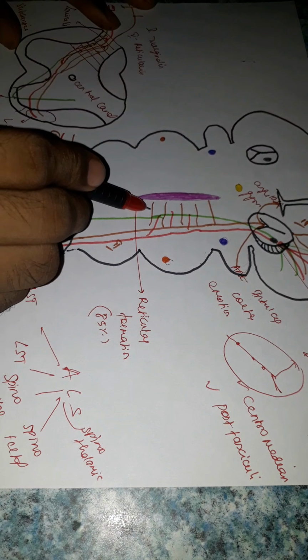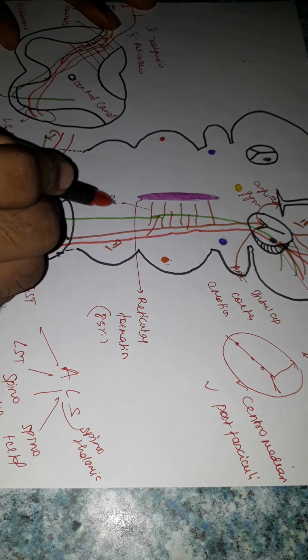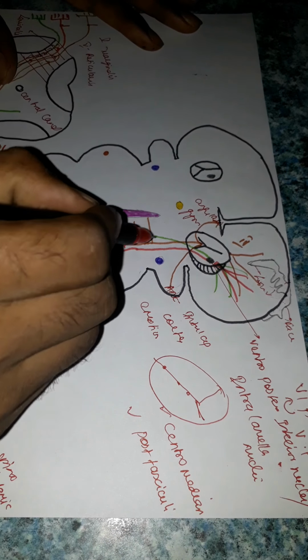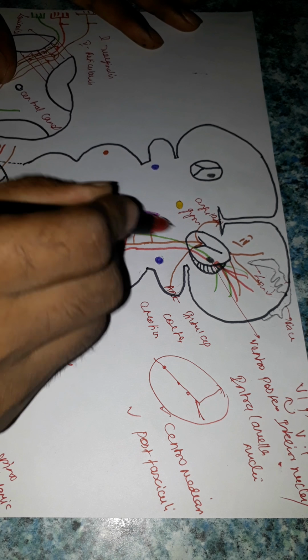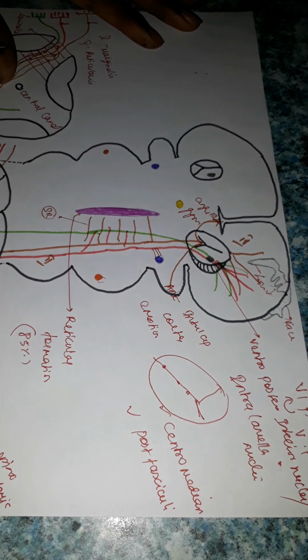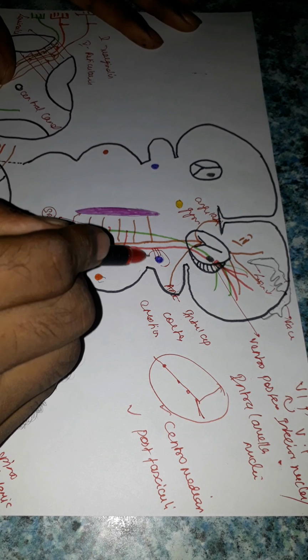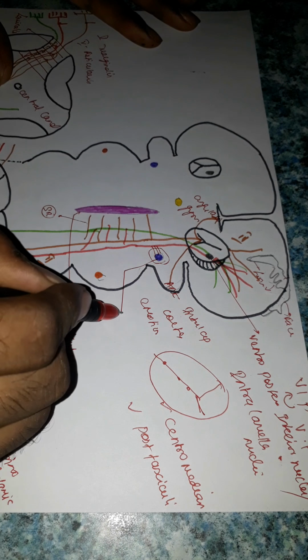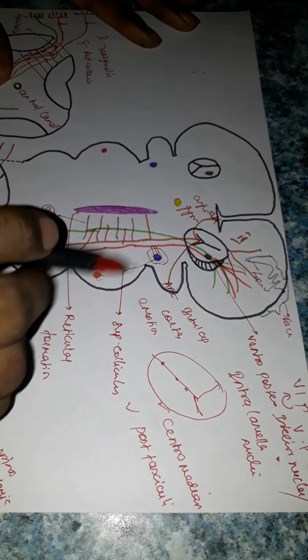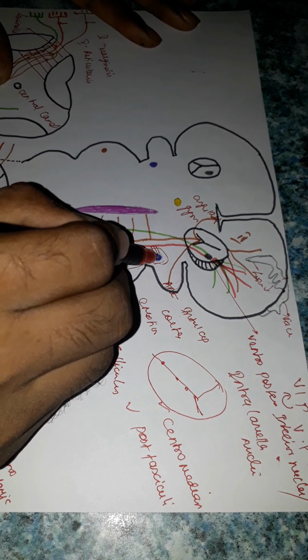So this is your spino-reticular. And if you look at the spinotectal, this is your spinotectal area. So the fibers of your anterolateral system give your spinotectal fibers, which reach, what is this area? This is your superior colliculus. So this reaches the superior colliculus, and here the fibers are transported.